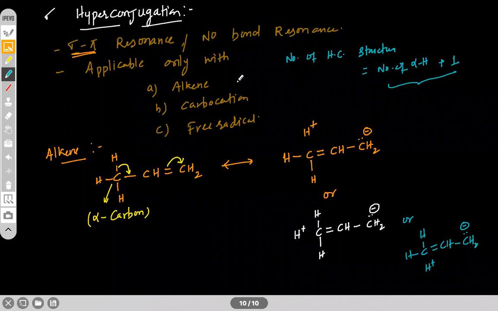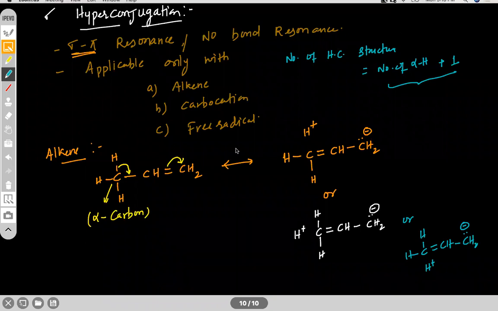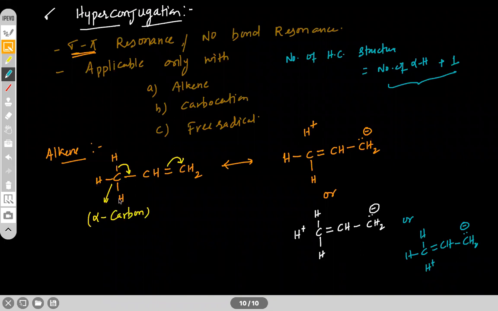Right. Similarly, we can also have hyperconjugation in carbocations and free radicals. Okay. Here you see, what is alpha hydrogen? The hydrogen which is attached to the alpha carbon. This is a double bonded carbon atom.